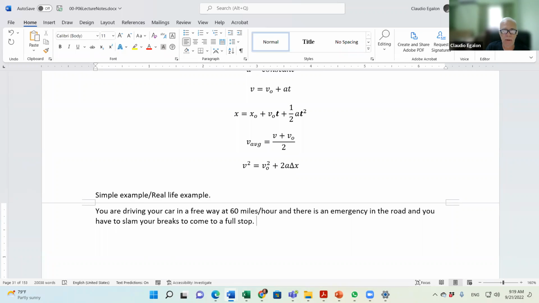The question is, what is the stopping distance of your car?